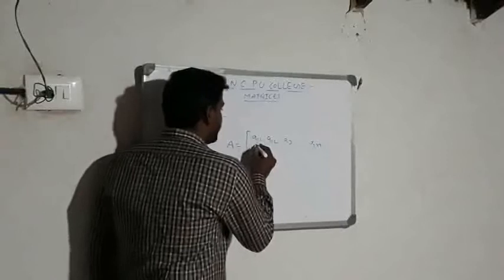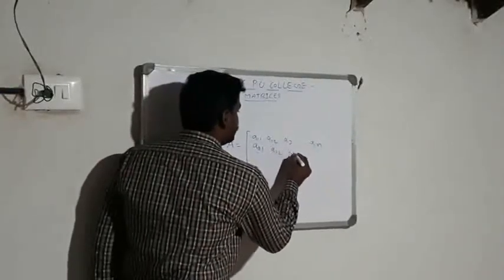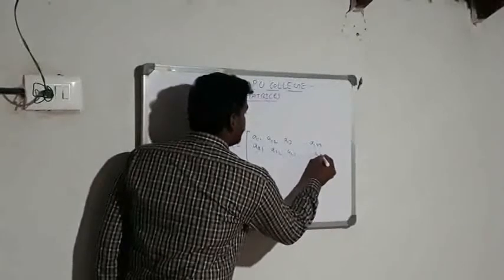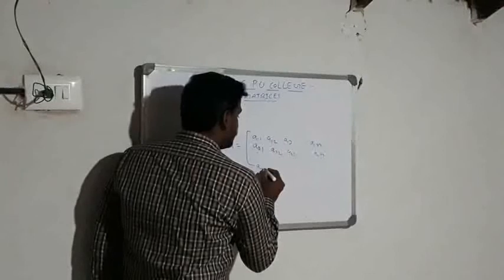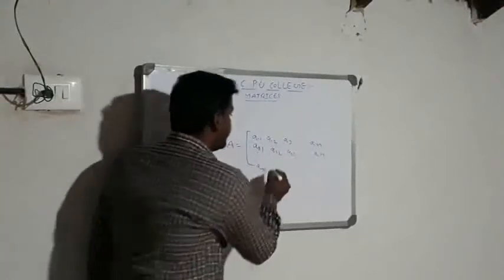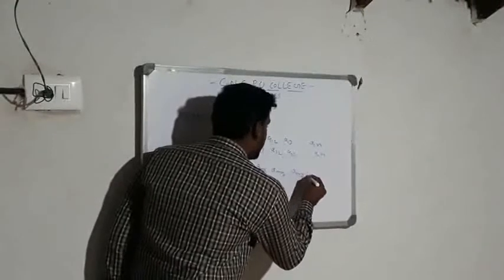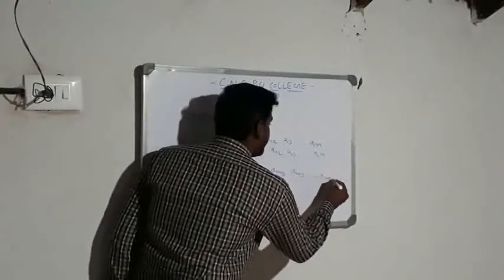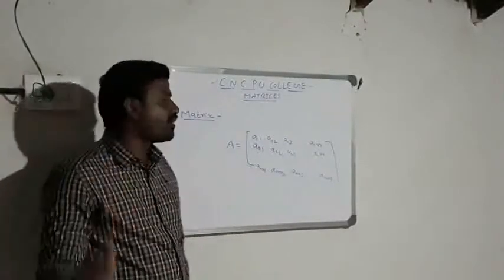Like that, second row A21, A22, A23 and so on up to A2n. And so on, the mth row am1, am2, am3 and so on up to amn. This is the general matrix of order m cross n.